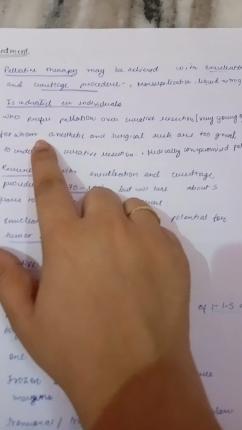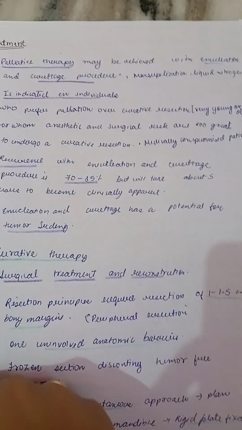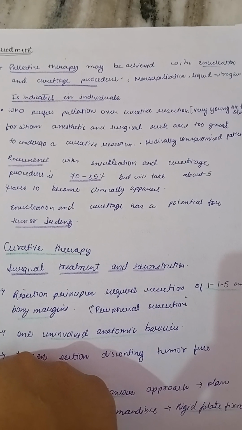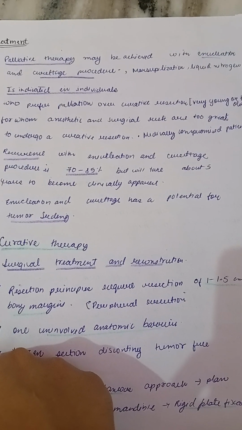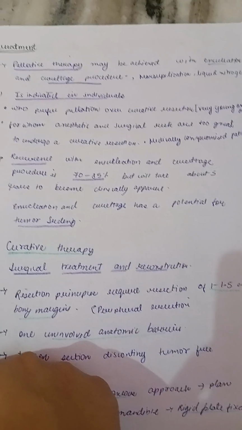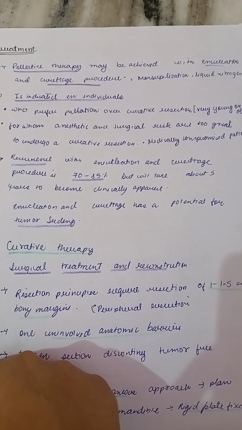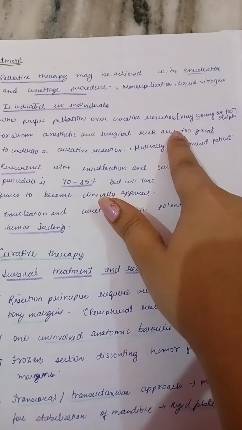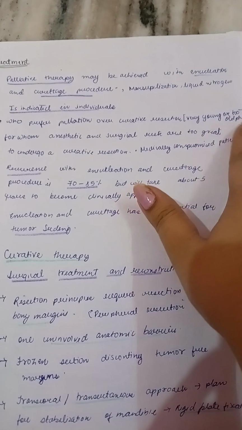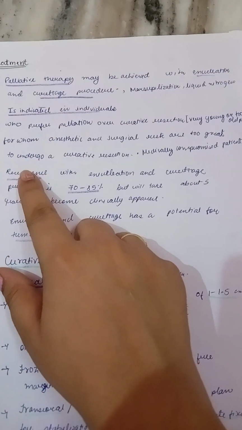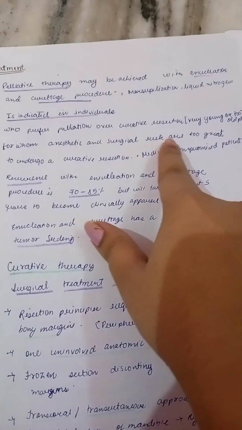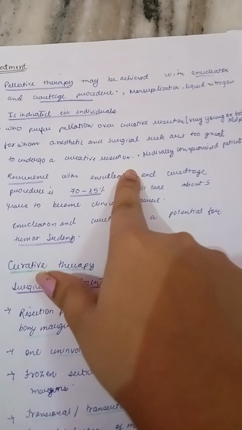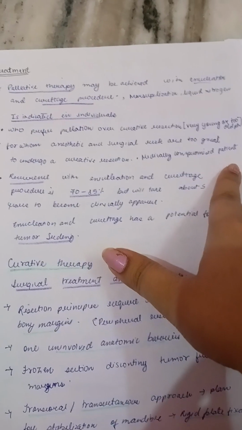Palliative treatment may be achieved with enucleation and curettage procedure, or with marsupialization or liquid nitrogen. It is indicated in individuals who prefer palliation over curative resection, for example in very young or too old patients for whom aesthetic and surgical risks are too great to undergo curative resection, for example in medically compromised patients.